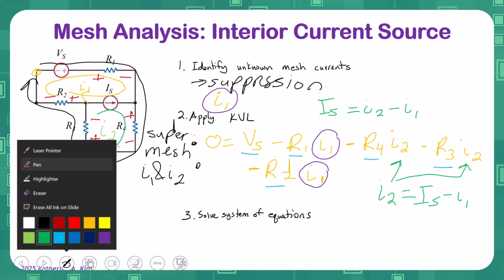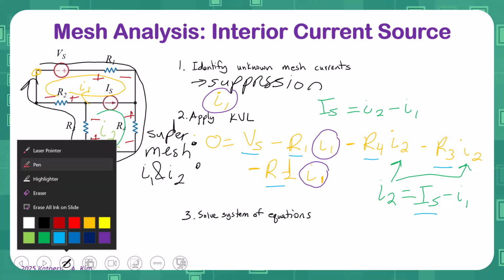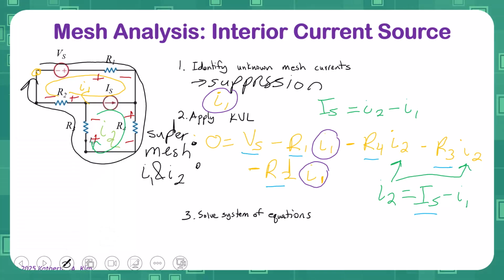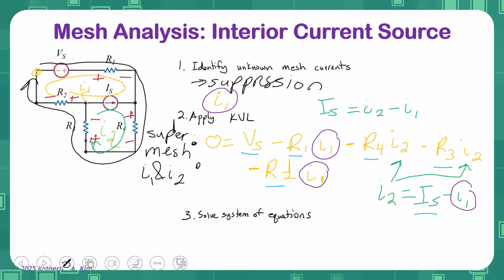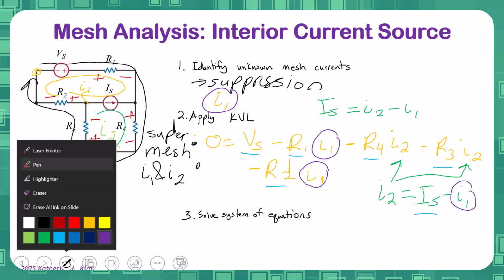Once we do that, we have IS, which is known because it's a given, independent current source. And then the I2s are all now replaced with I1. So we have one equation with everything in terms of I1 and known variables. So we have one unknown, one equation, and then we can use that to solve our system of equations.